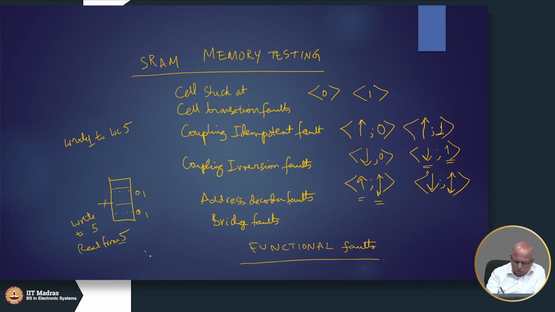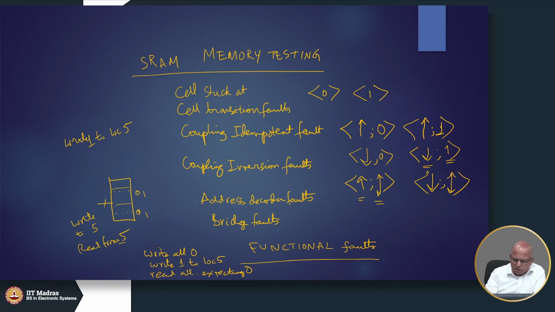So write all zeros, then write 1 to location 5, read back, expecting 0. So this is the kind of test vectors that we are talking about. But see, we can't write one for each fault, right?